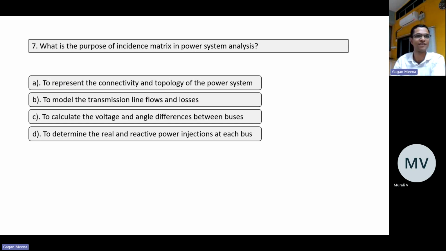The bus, which we also call a node, and the branch terms come from graph theory. All the software that we use, like MATLAB or maybe PSCAD, uses graph theory concepts behind everything. The incidence matrix, the cut set matrix, all these things are used.